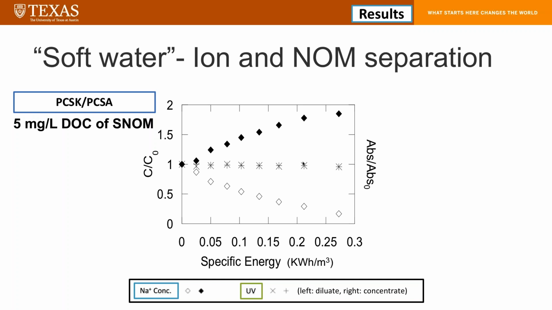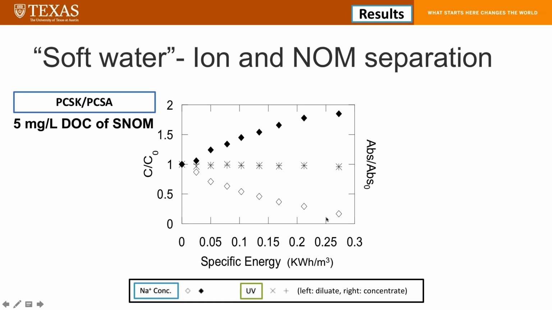The x-axis is specific energy, which means the amount of energy consumed by the membrane process to produce a given volume of water. So when we use more energy, we can get a lower concentration of permeate, which is the open diamond line.